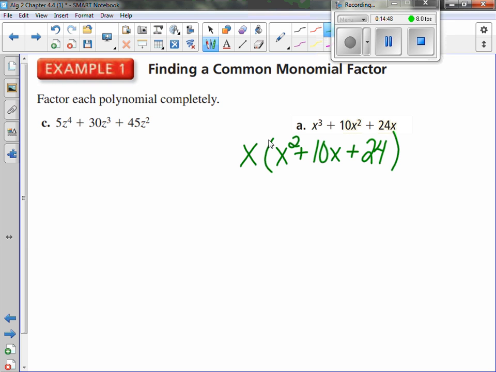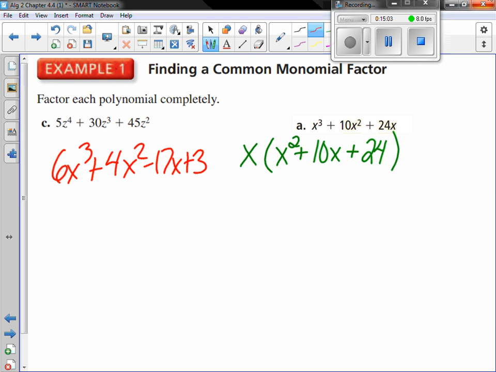Will there ever be a time where you can't get a variable out? Yes, like if it was x cubed, x squared, and then just 24? There's cases where we'll come across something like this here.